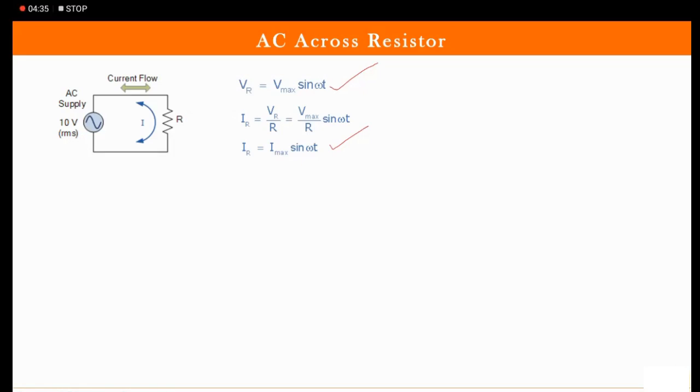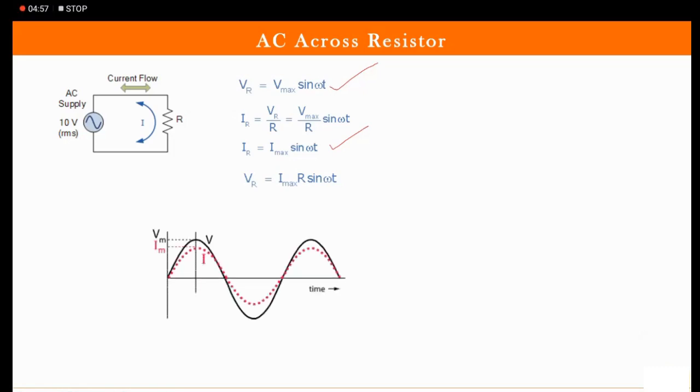What does that mean? It means that the voltage and current are in phase. Okay, they are in phase. This is very important. So when I write VR, I'll just put the value. Okay, so instead of V max, I will write I max into R and I get sine omega t.